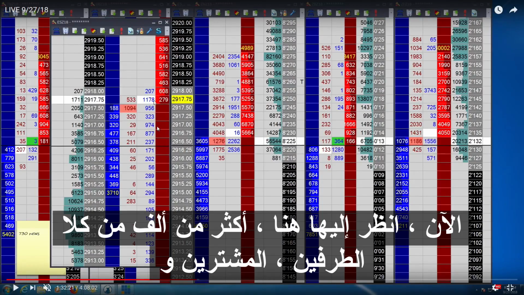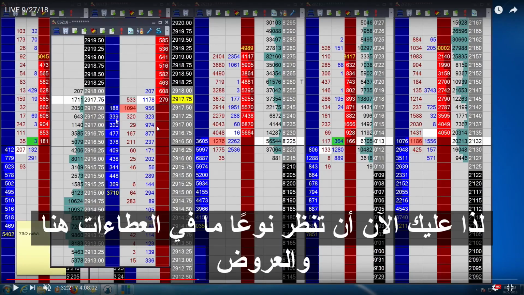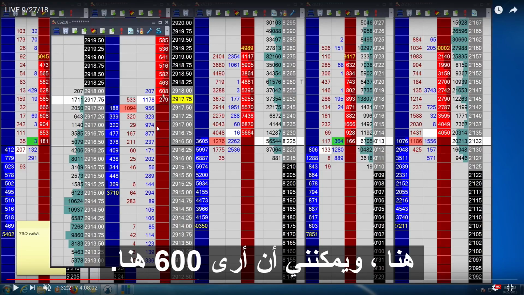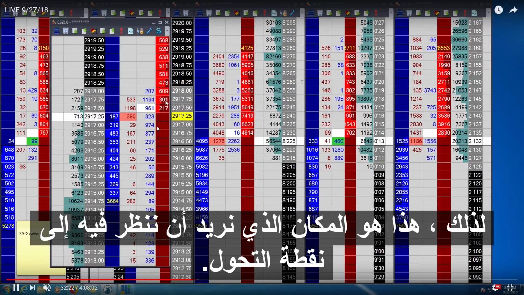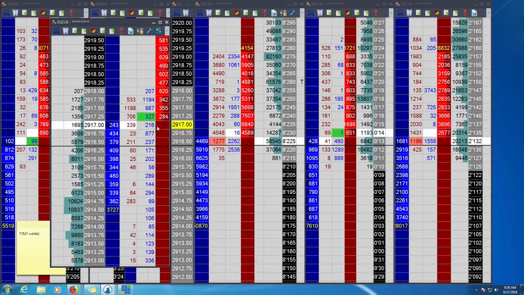Now look at it right here, over 1,000 on both ends. Buyers and sellers are really attacking each other. So now you need to be looking at the bids here and the offers here. And I can see the 600 here. This is where we want to look at the turning point, and it drops in from this point.